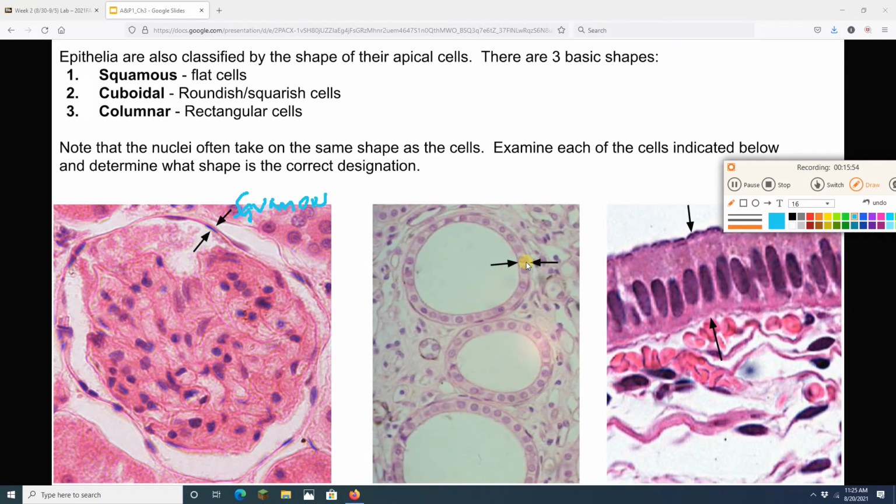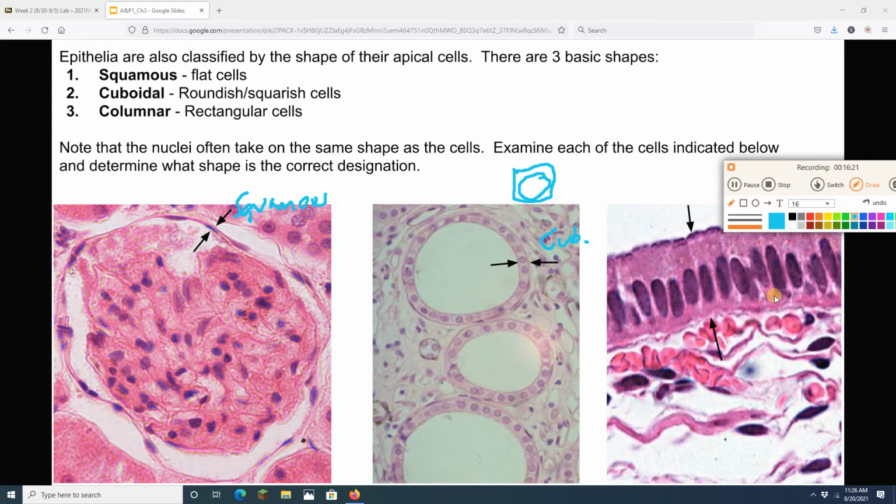Now, what about these guys? Middle picture. These guys, the nuclei are basically circular. So if you have a circle nucleus, generally the cell will be a beautiful square around it. Not a perfect square, perfect circle there, but you get the idea. And so these guys are going to be cuboidal.